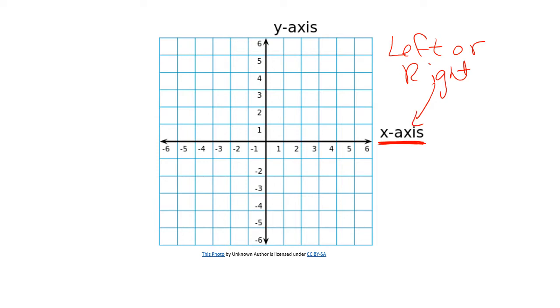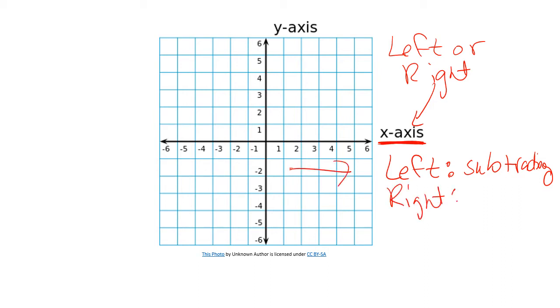Now, let's remember, moving to the left means we're subtracting. So if it says, say, left 2, that means 2 is being subtracted from the x. If it's right, well, a right movement is adding. So that would tell you how much to add to the x.